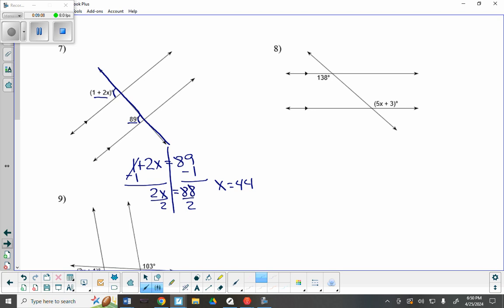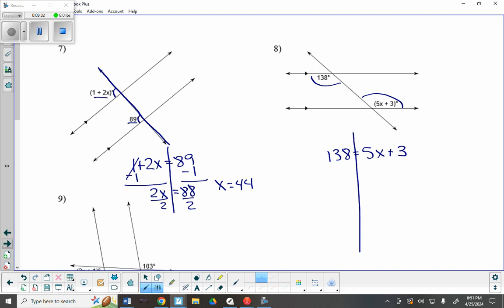The next set of angles that we have, they are in between the parallel lines, so they're on the interior, and they are on alternate sides of the transversal, so we call those alternate interior angles. And those are congruent, so we set them equal to each other. And we want to solve.